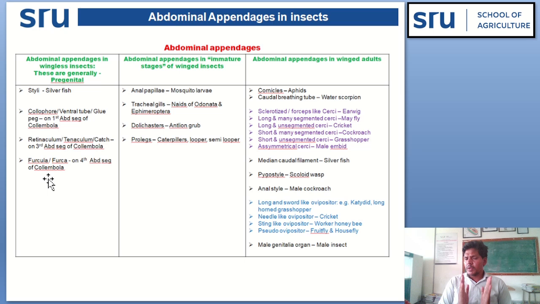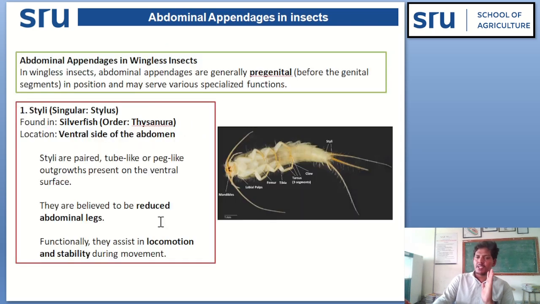I think you may know the wingless insect orders: Thysanura, Protura, Diplura, and Collembola. Insects of these orders contain the following abdominal appendages: styli, collophore, retinaculum, and furcula. We will see them one by one in the coming slides with images.